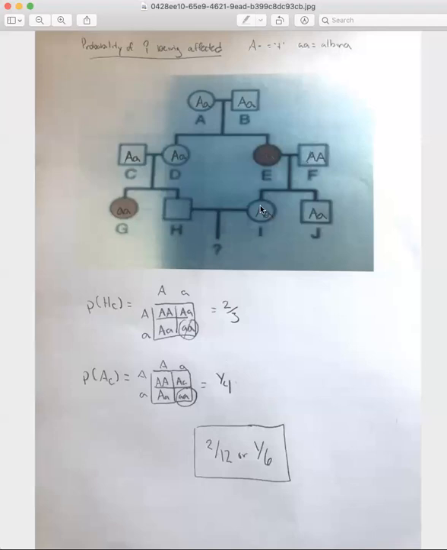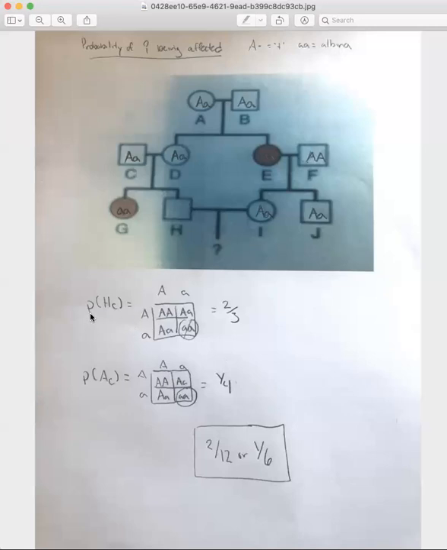But here we don't know if H is a carrier or not. So that's the one event that we have to calculate: the probability of H being a carrier. Then we have to figure out, if both H and I are carriers, what is the probability that they have an affected child? So let's take this first one.